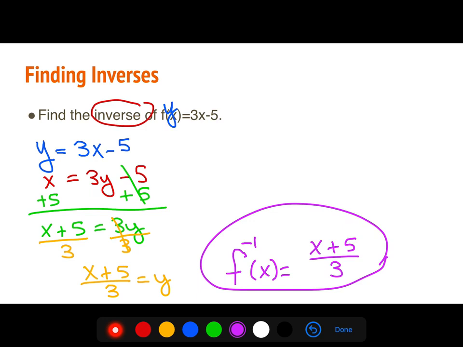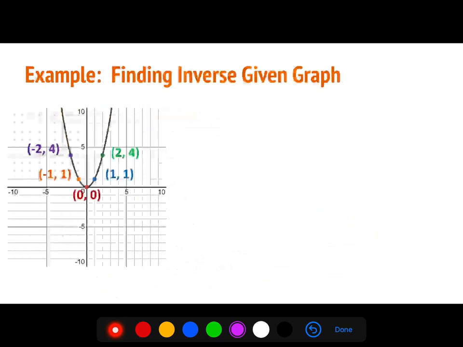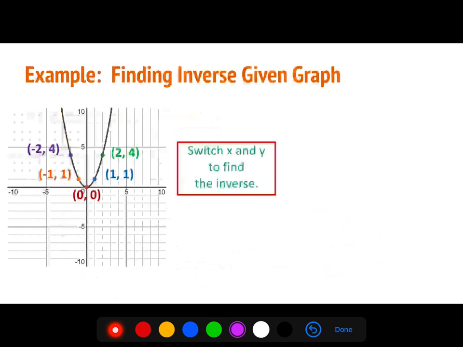Remember that little -1 means inverse. And we got x plus 5 over 3. That's the answer. That's the inverse. So we've looked at some ways to tell if things are inverses, how to tell if a graph has an inverse function, how to find an inverse, and how to verify algebraically if they're inverses.